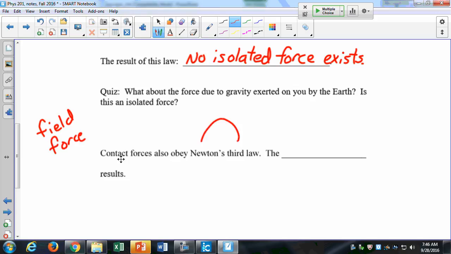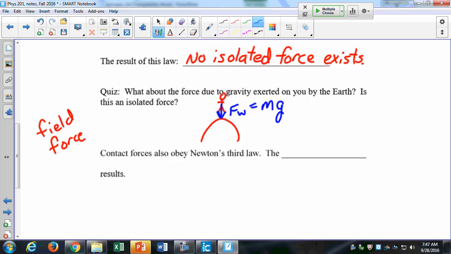So that field force, if let's say that I'm not touching the surface of the Earth, like I jump up from the surface of the Earth and I'm momentarily airborne, there is a force acting on me that is equal to our force weight. I don't know if we have talked about force weight already. That force weight is equal to the mass times the acceleration due to gravity. In the previous section that we skipped, we actually derived g, and we'll do that later in the second semester.